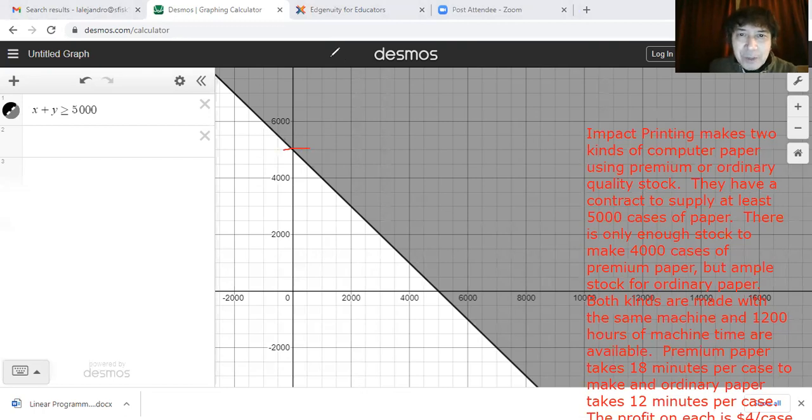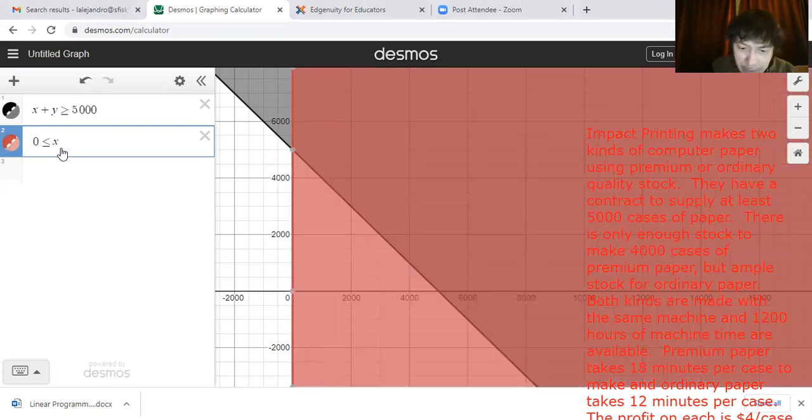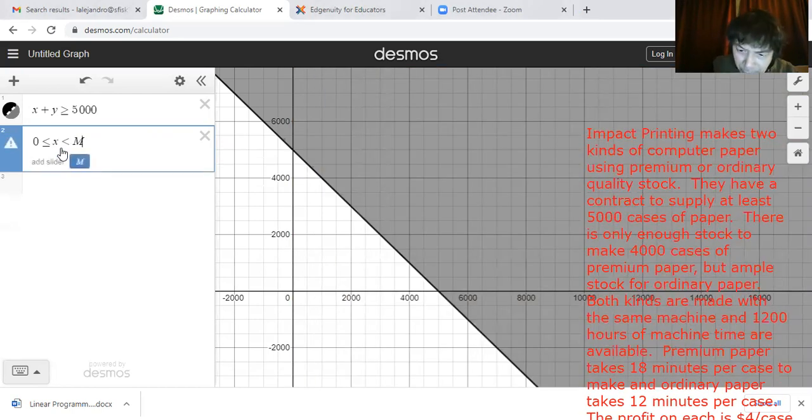So let's put the other constraints. Next. There is only enough stock to make 4,000 cases. So that means 0 to 4,000. We try doing that in our screen. Let's see if it can be plotted. 0 is less or equal, and then we have this variable for premium, and then less or equal, and that's 4,000.